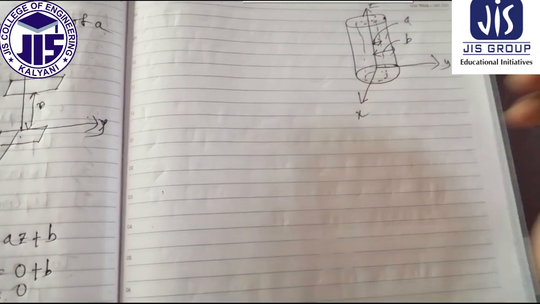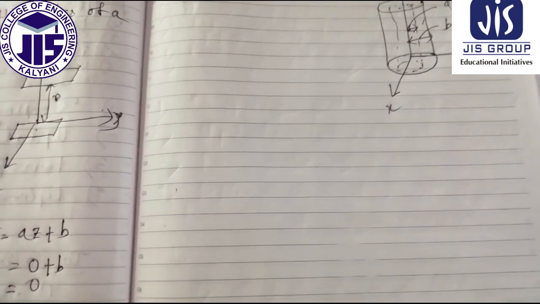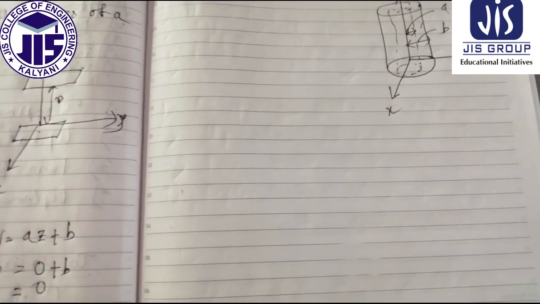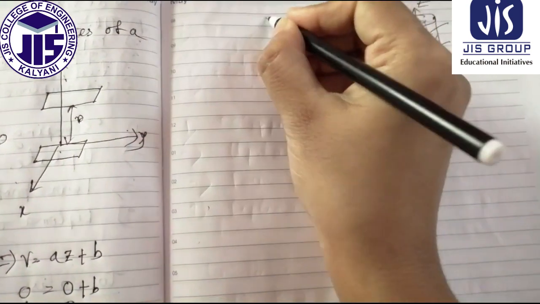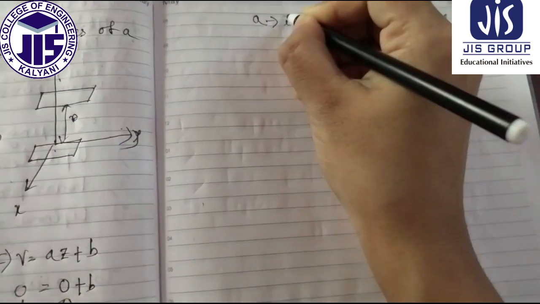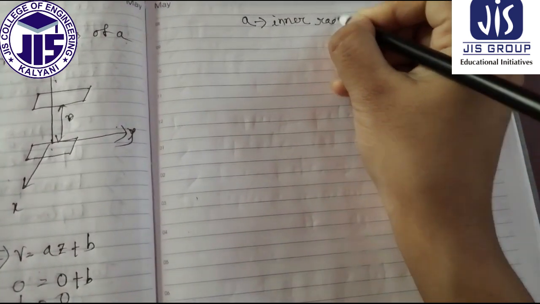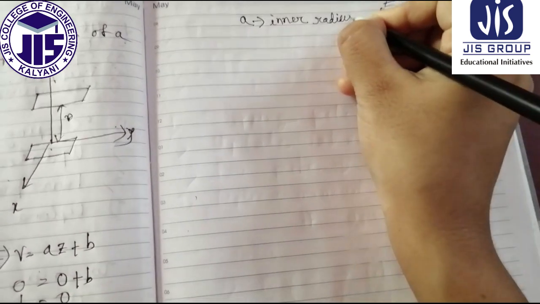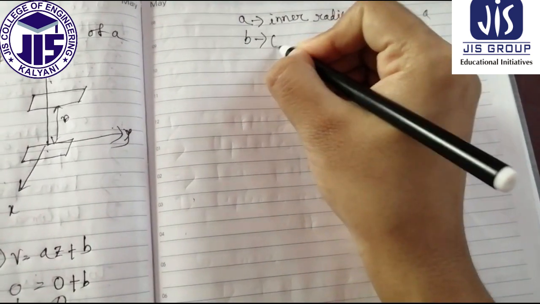Now for the potential between the plates of a cylinder, here we can write it: a is the inner radius and b is the outer radius.